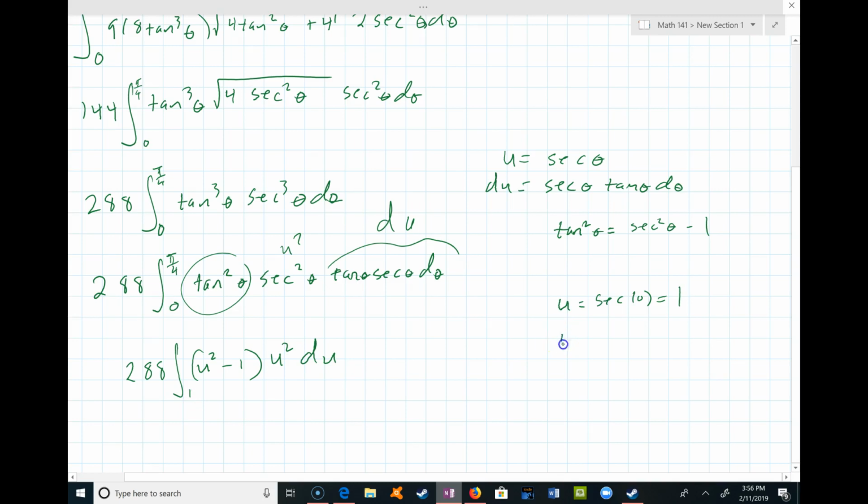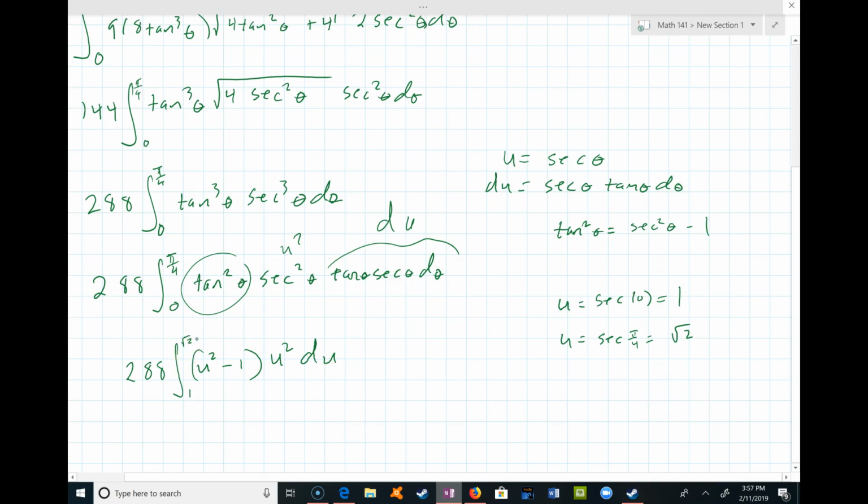And then when I plug in pi over 4, secant of pi over 4, that would be 1 over rad 2 over 2, which would be 2 over rad 2. Or actually just rad 2, wouldn't it? Just rad 2, because cosine of pi over 4 is 1 over rad 2. Flip it over, it's rad 2. Yeah, okay. So then we'd have a rad 2 up here.